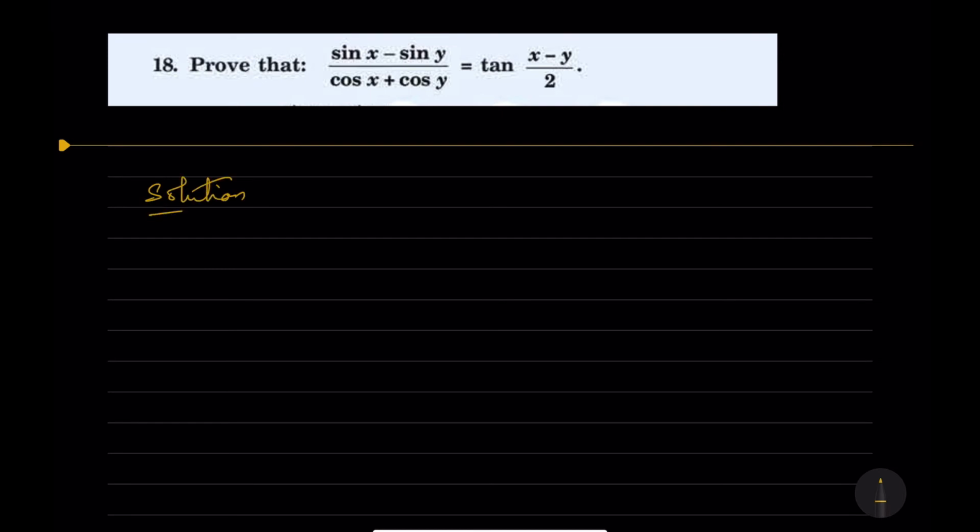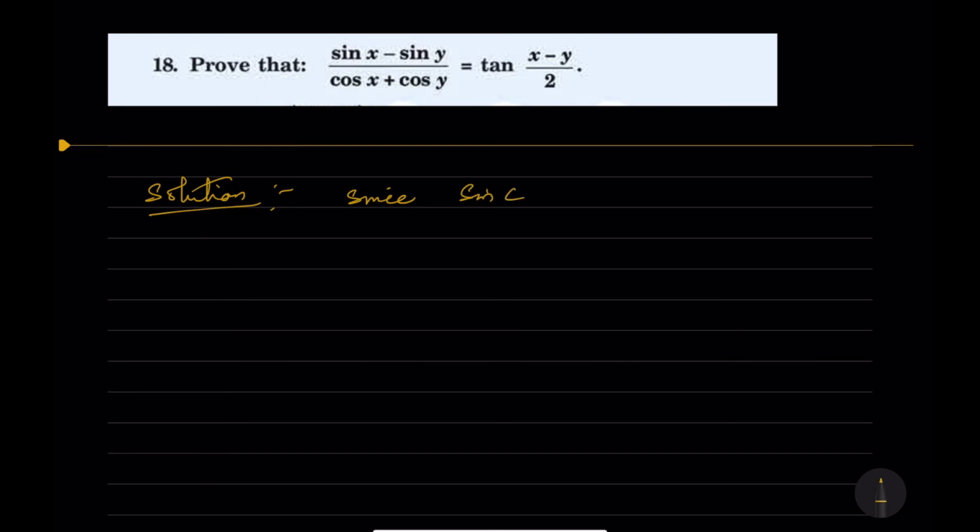So here you are having the 18th one. Prove that (sin x - sin y) divided by (cos x + cos y) is equal to tan((x - y)/2). Here again we use the same C minus D, C plus D formula.